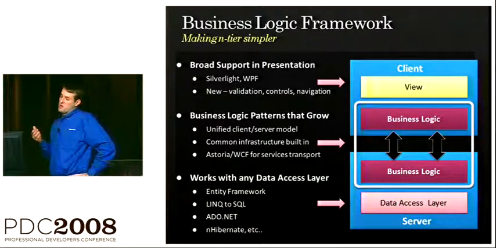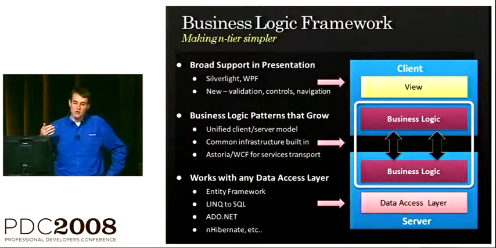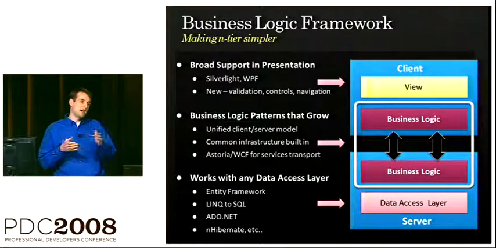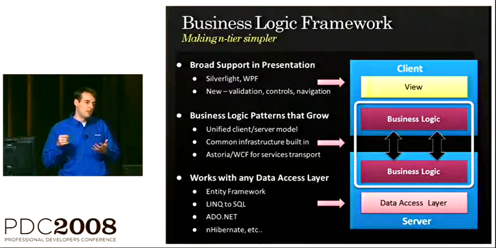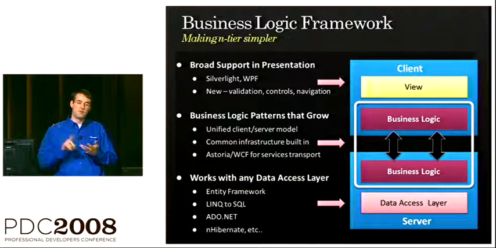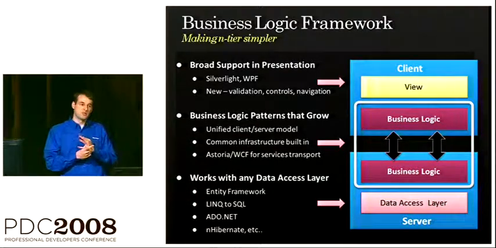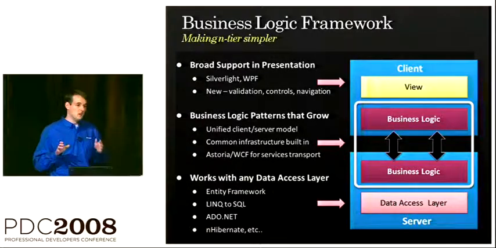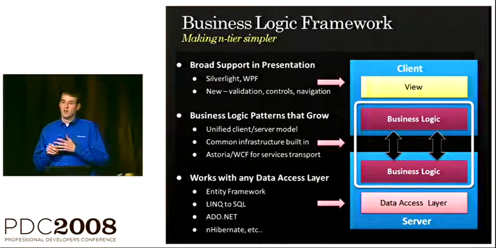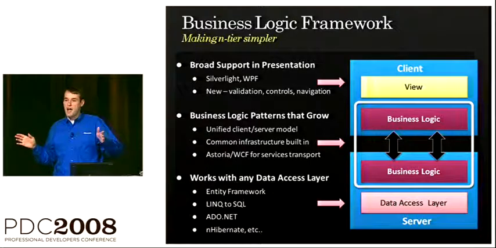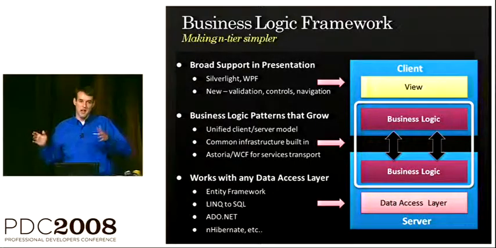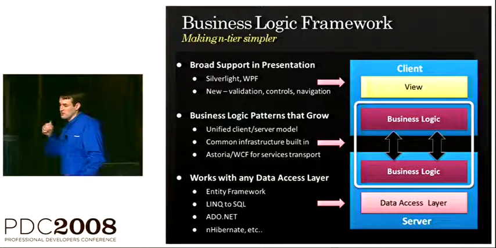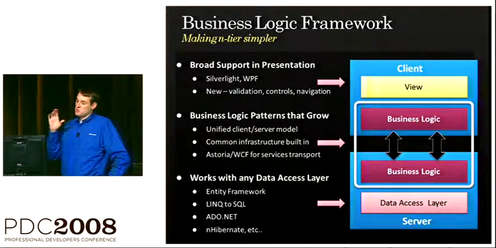What we're playing around with now is business logic patterns, where if you follow our pattern, it'll be one that will grow with you, and you're going to get a bunch of infrastructure help along the way, where we're doing a bunch of the things that are really just plumbing behind the scenes to make your lives easier, but in a way that's not trying to hide the middle tier from you, not trying to hide the fact that you need real business logic, you need a way to have a 3-tiered application. So that is really what we're trying to do.